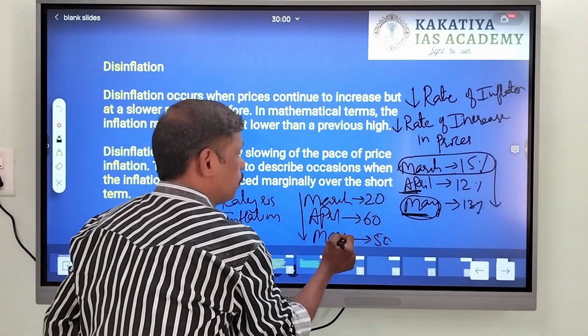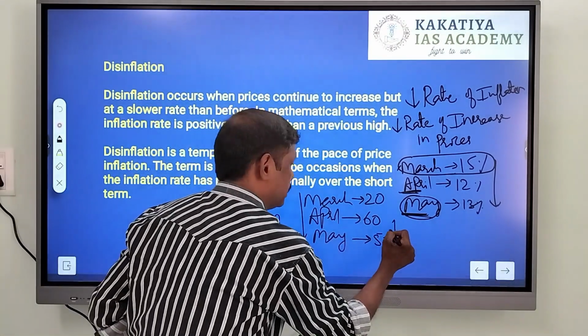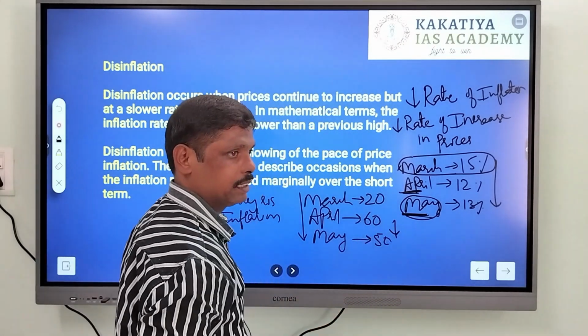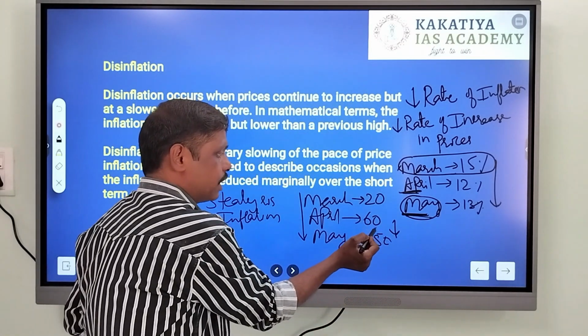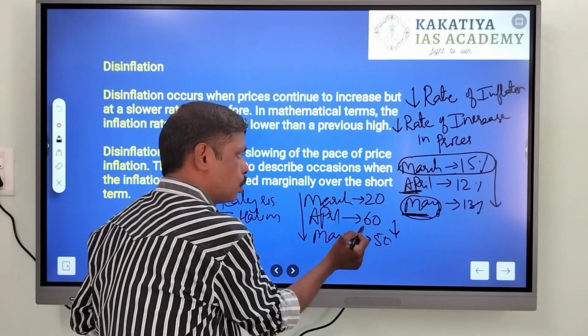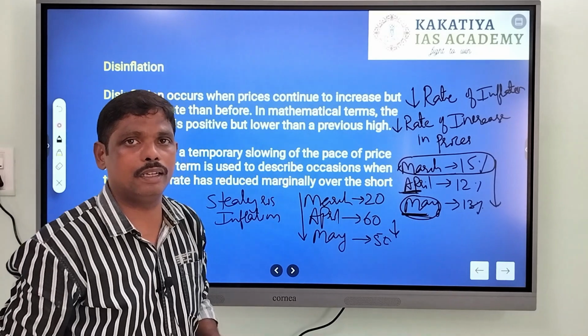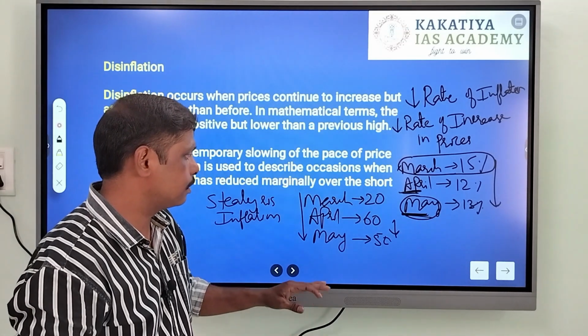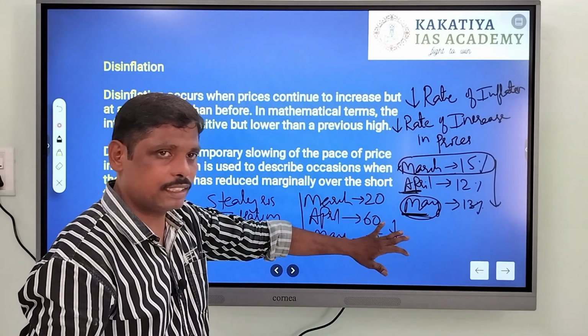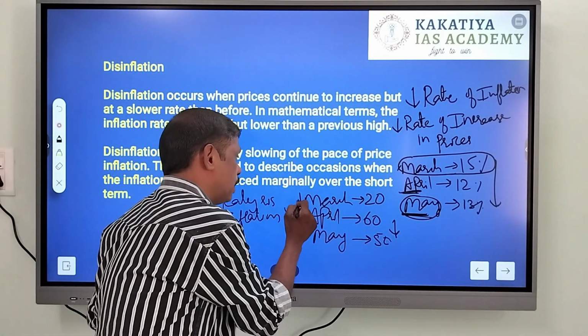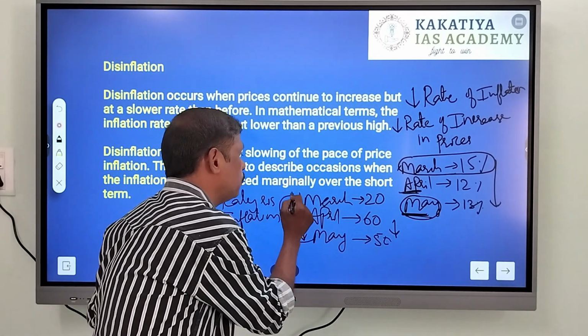But from April to May, there is a fall in prices. If you take the rate of increase in prices, it is slower when we compare April to March and May to March.